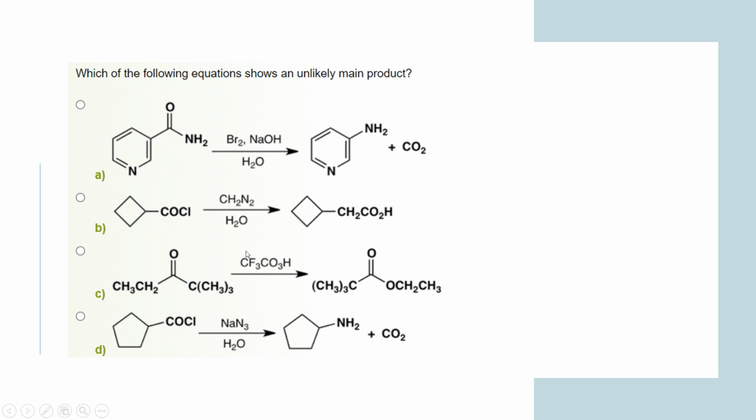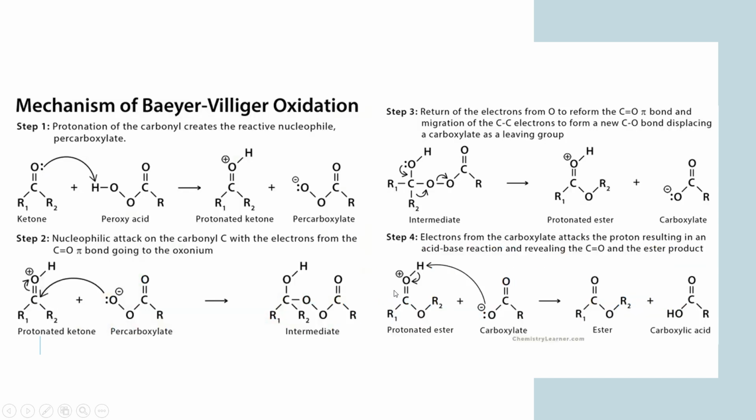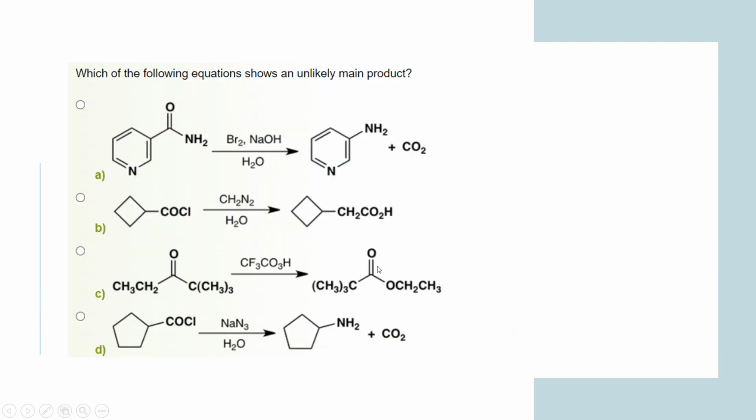Okay, so according to the migratory aptitude, you must get the oxygen coming from the peroxy linkage linked to this tertiary carbon. But in the product, as you see, the primary alkyl group is linked to the oxygen which is coming from the peroxy linkage, which was here. Okay, we see that in this option the primary alkyl group is shifting, not the tertiary one, which is violating the rules of the well-known migratory aptitude.